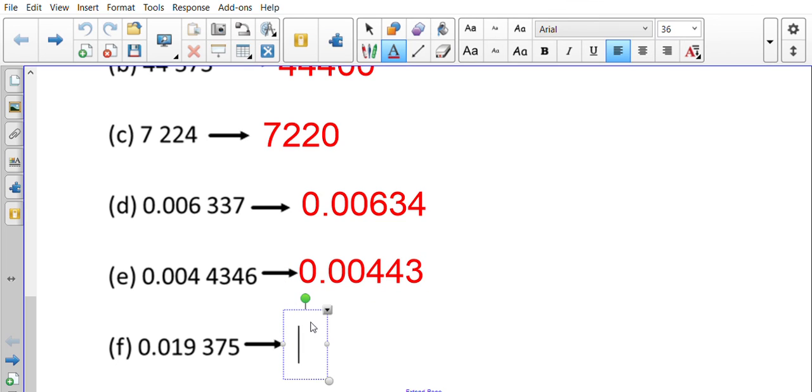And last question of the assignment. Your first significant figure is a 1, second is a 9, third is the 3. Look ahead to the fourth, it's a 7, which means the 3 needs to be rounded up 1 to a 4. So 0.0194.